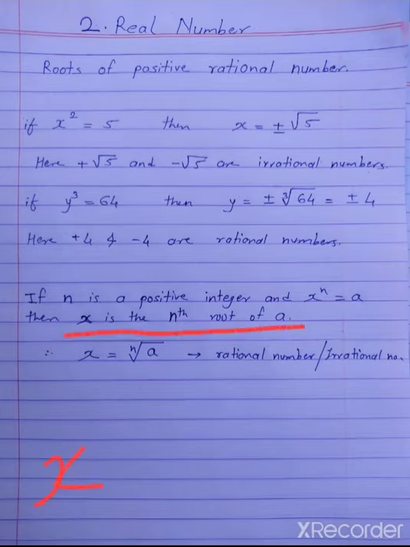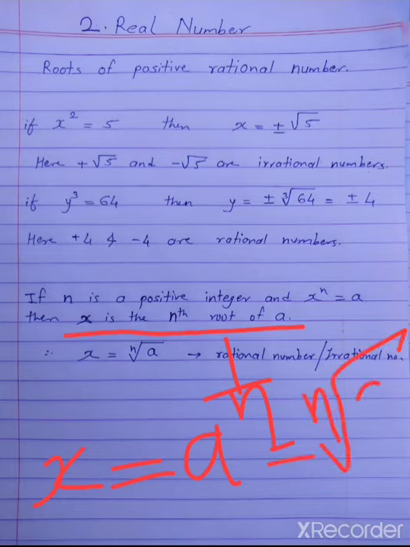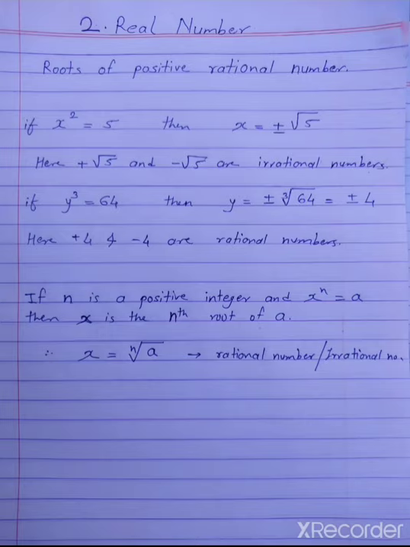So we can write the nth root like this also, otherwise we can use this symbol also. So this is called the nth root of a. It may be rational, otherwise irrational. When this value becomes irrational, then this given value is called a surd.